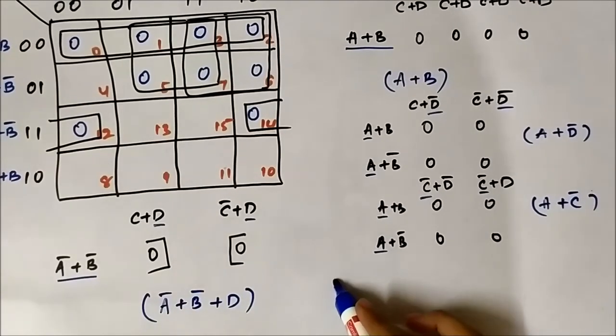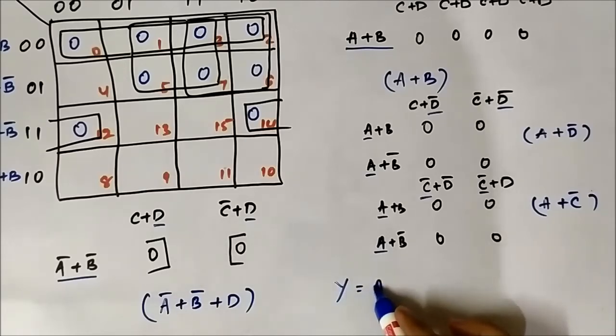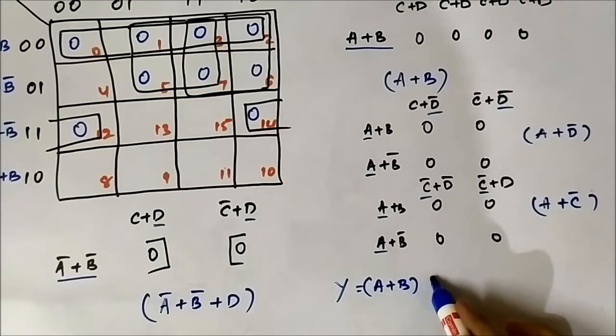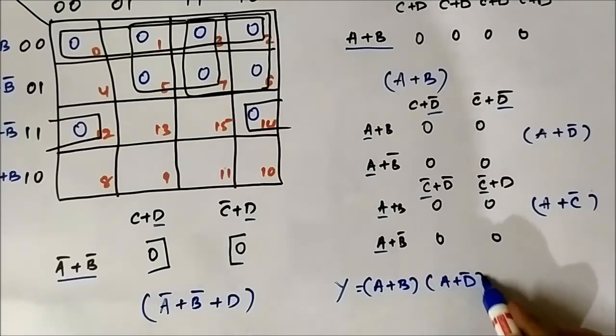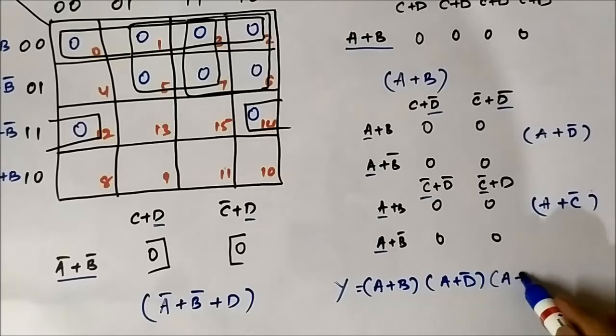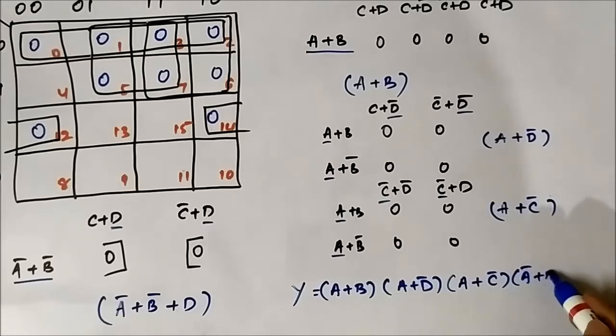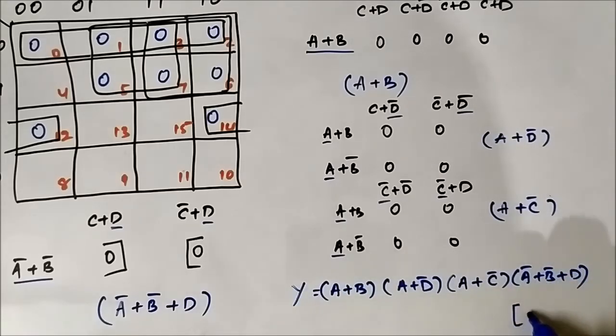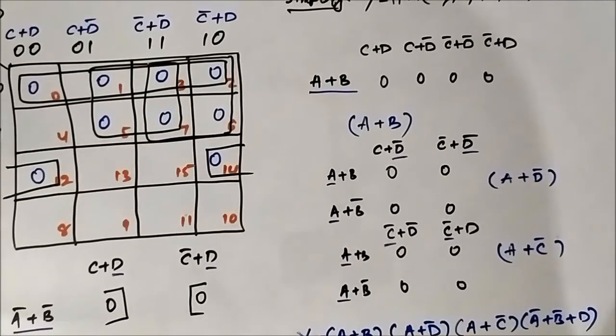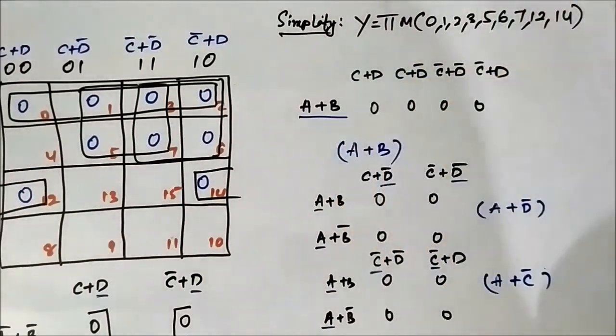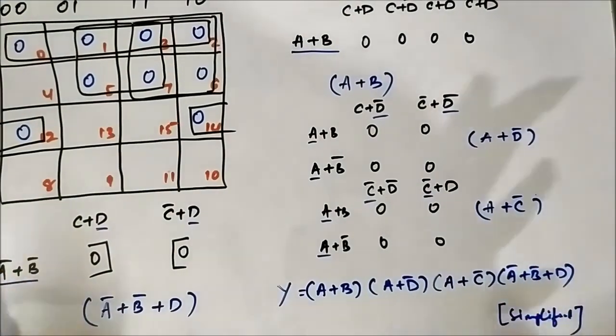So Y is equal to A or B, A or D bar, A or C bar, and A bar or B bar or D. Okay, so this is the simplified Boolean expression for this POS given in terms of max term values, in POS form, product of sums.